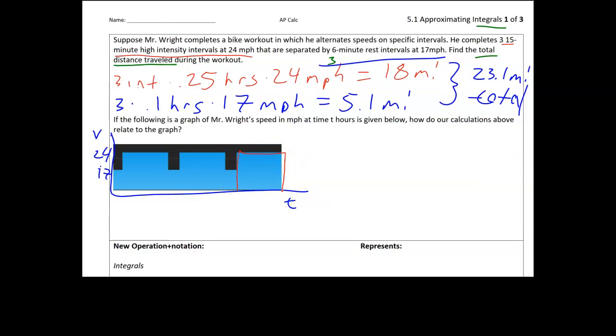big hump here. So based on what I was given here, well, 24 miles per hour is the height of that little rectangle. It makes sense it's a rectangle, right? Because my speed is constant. And then 0.25 hours is the width, the time, right? Same thing here.